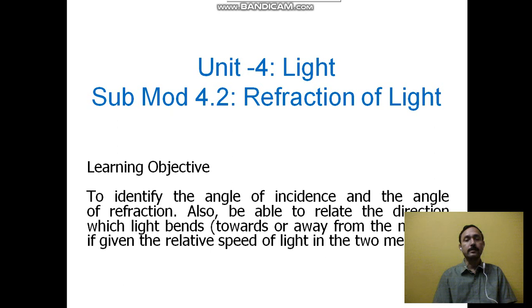The learning objective is to identify the angle of incidence and the angle of refraction, and also be able to relate the direction in which light bends, towards or away from the normal, if given the relative speed of light in the two media.